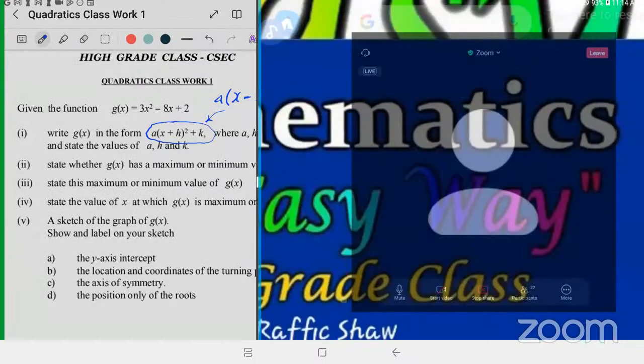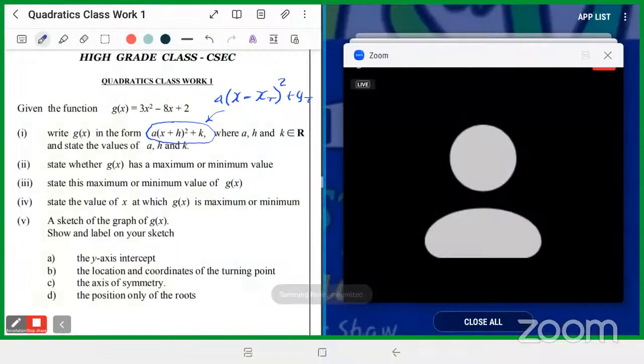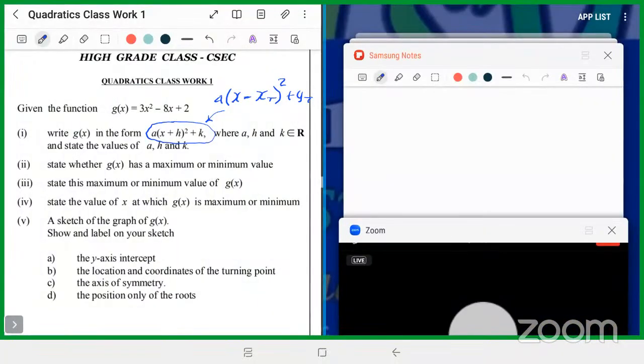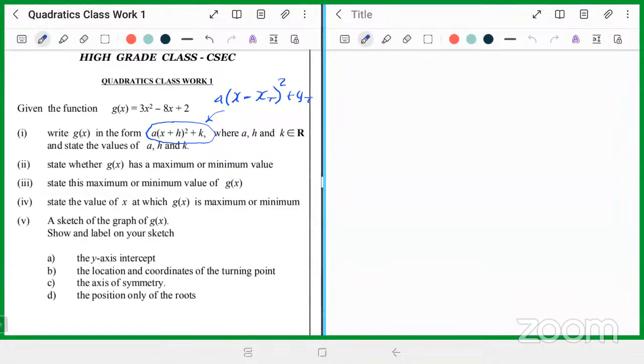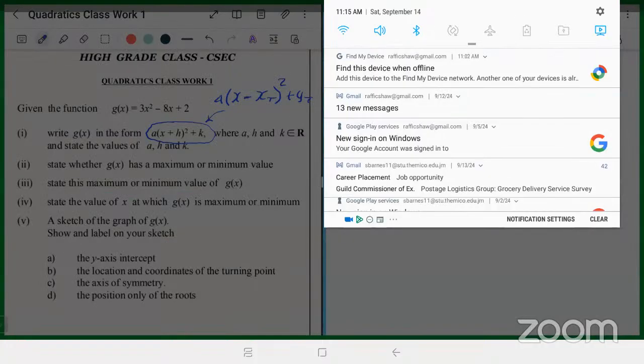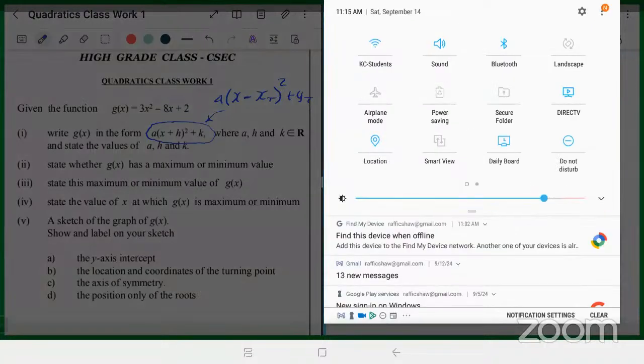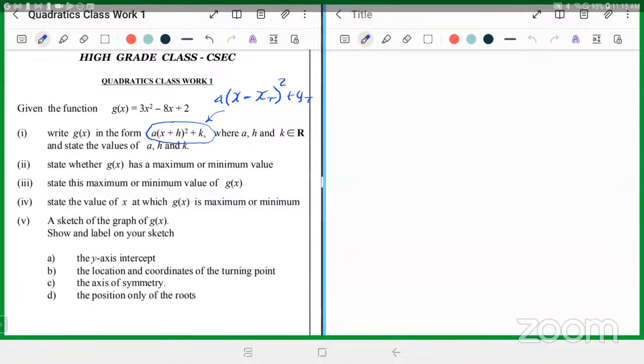Can you hear me again? Can you see the screen again? Yes, sir. So the internet jumped off a while ago, so I'm actually working with some Wi-Fi. If it goes again, then I'll hotspot it and we proceed.